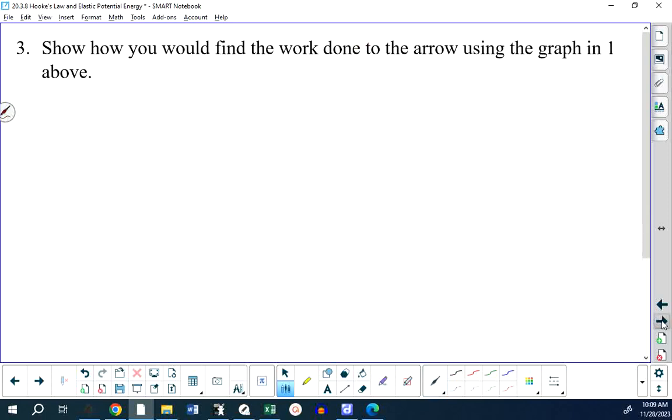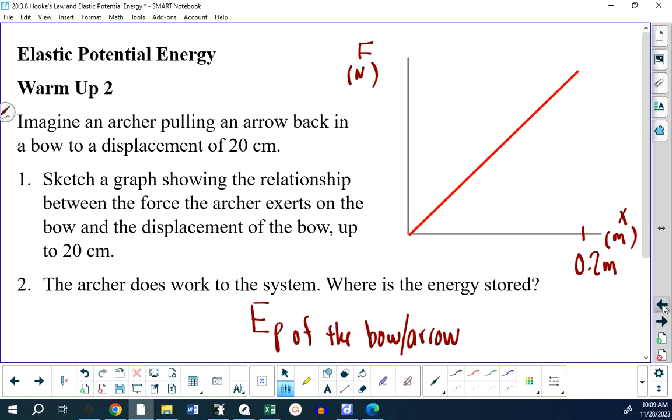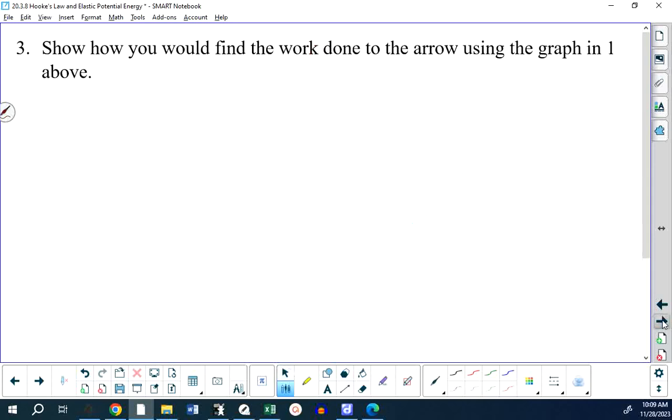How would you find the work? So let's say that this number right here is the force required to hold it at that point. Work done is force times displacement. I want to maybe just add something to this.